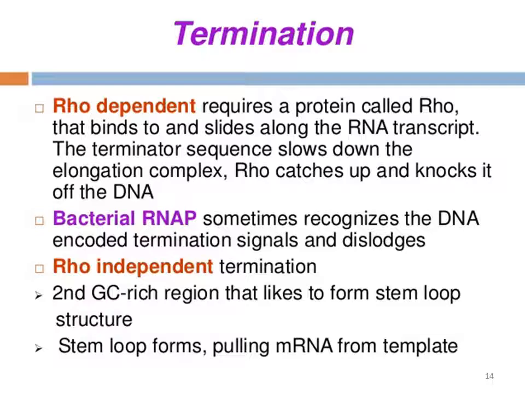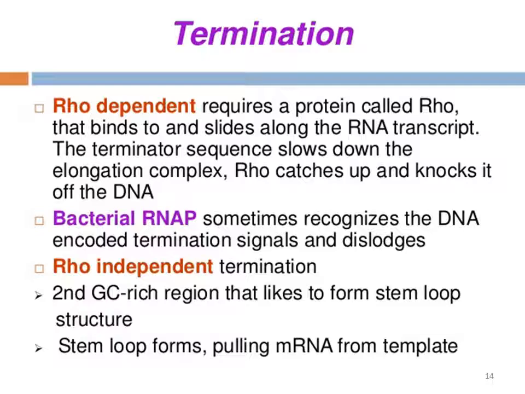So Rho independent termination. In some cases where Rho is not functional, there are regions known as GC rich regions where GC nucleotides are abundant in quantity.